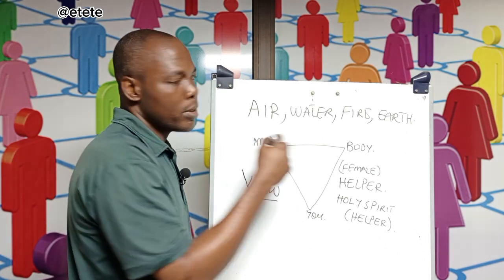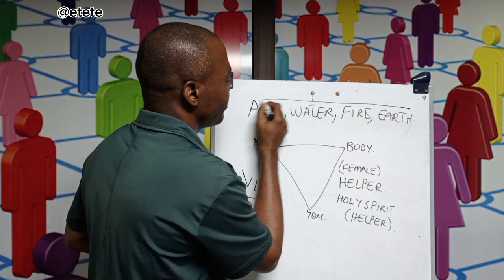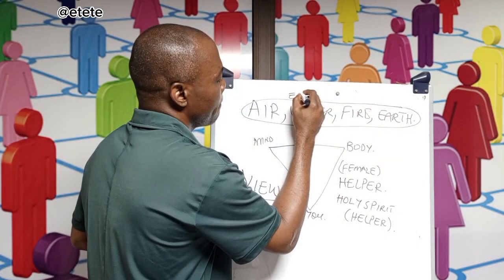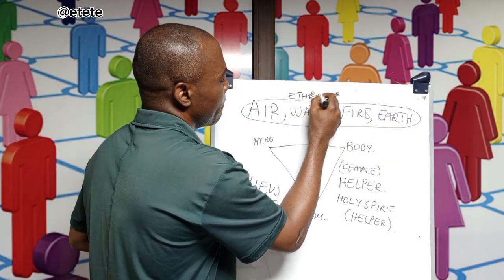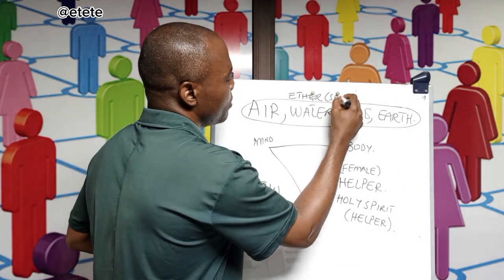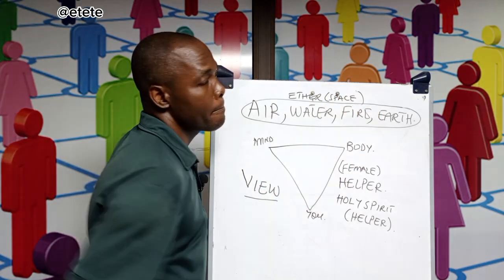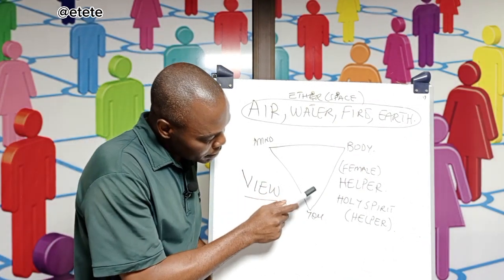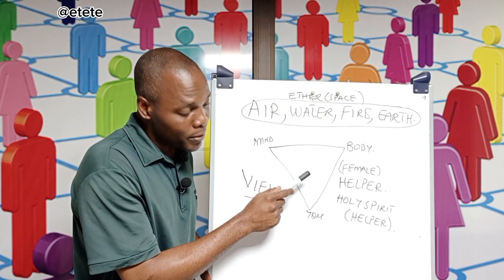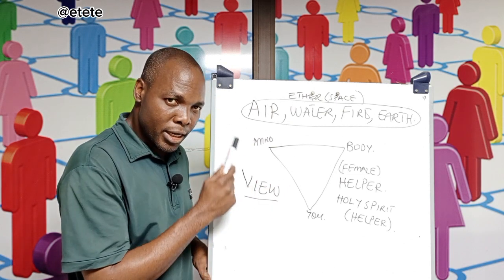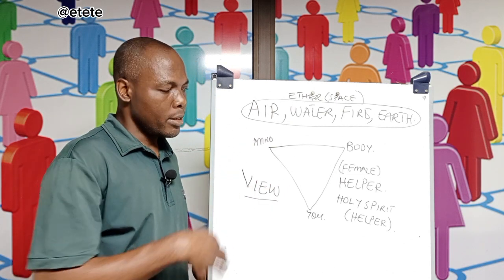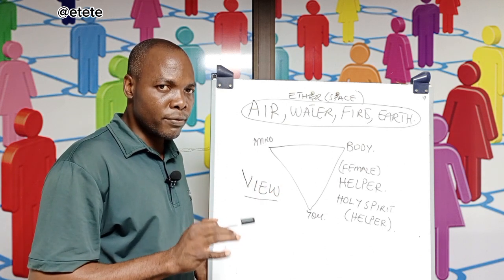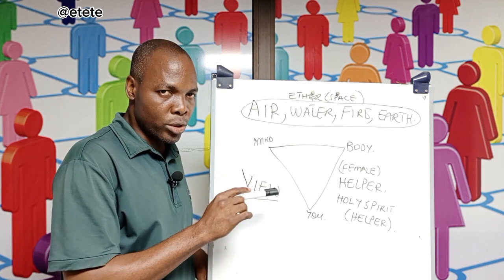And what joins them together is what you call the ether, which is what you refer to as space-time. So, this is the function of the female part in that drawing. I'm not saying that is all, but for the purpose of this video, this is what I'm trying to show you.